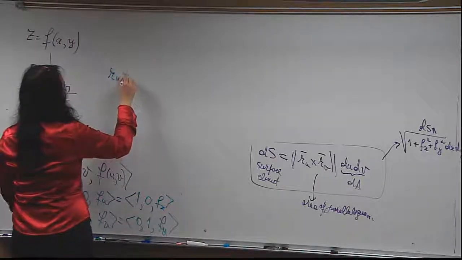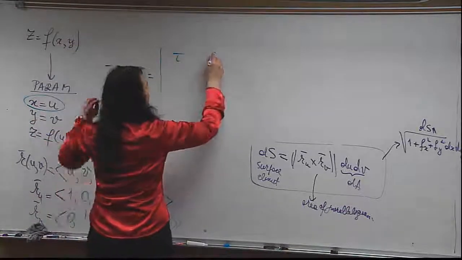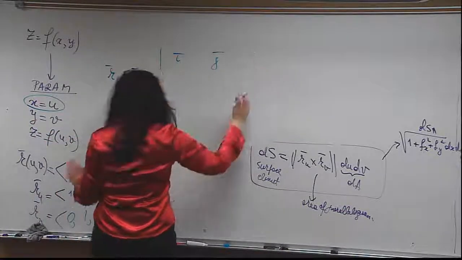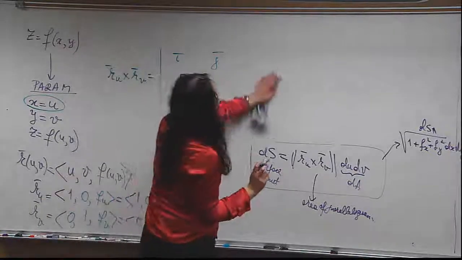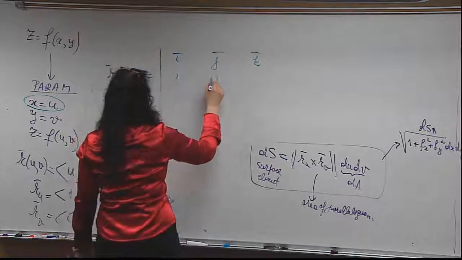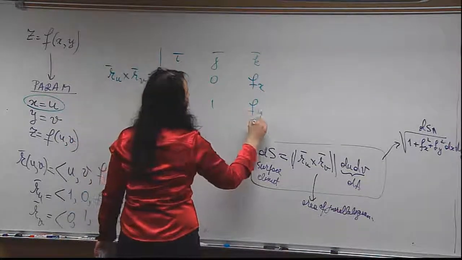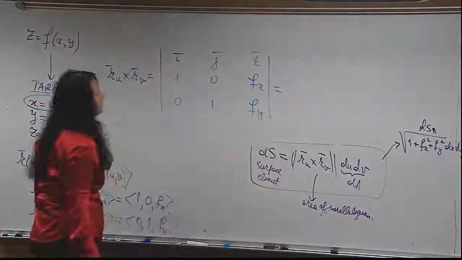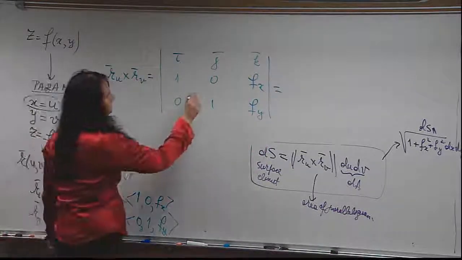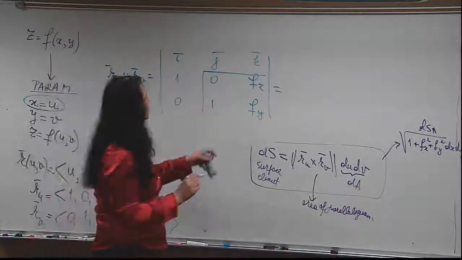R sub u cross r sub v will be i, j, k; 1, 0, f sub x; 0, 1, f sub y. Is this hard? It shouldn't be hard. So I have minus f sub x, what?